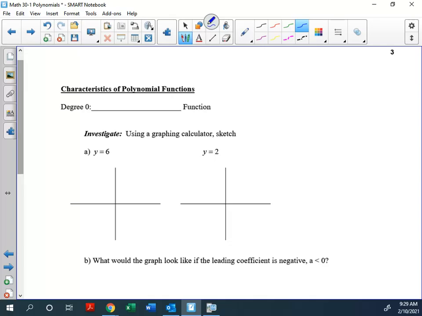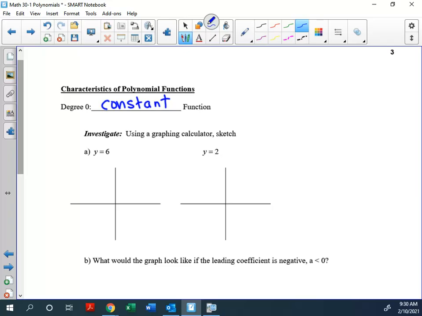So if I have a degree 0, we call this a constant function because it merely contains the constant of the equation. It doesn't change either. So if I have y is equal to 6, when you type y is equal to 6 into your graphing calculator and you graph it, well, you learned in 10C, a y equals line is a horizontal line.